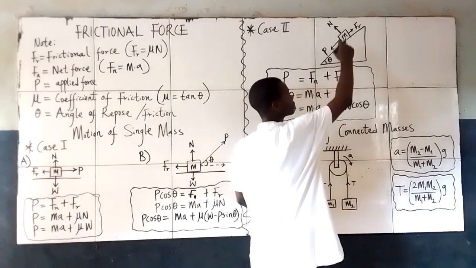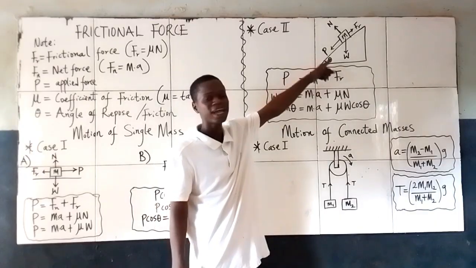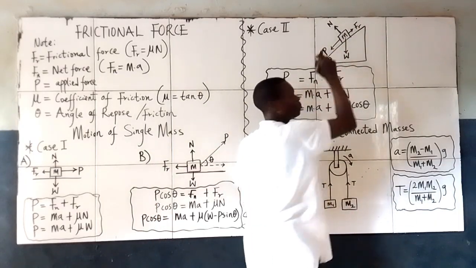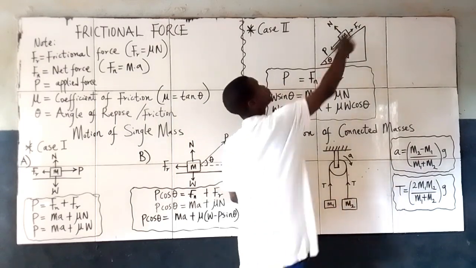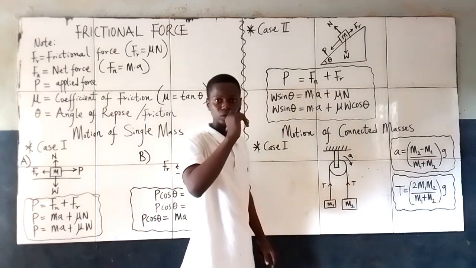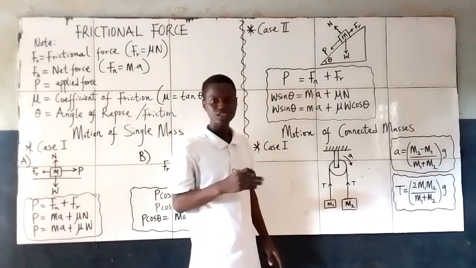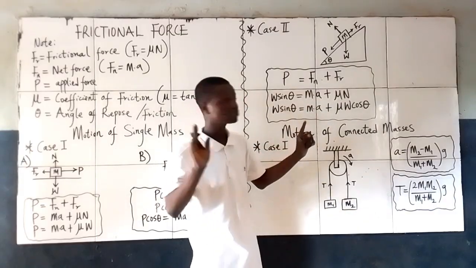But the normal reaction acts upward along the plane of the inclined plane. It's acting upward along the inclined plane, that is, it's acting perpendicularly to the inclined plane. But the weight is acting vertically downward on the inclined plane. So this is what we now have. So from here, guys, observe something.